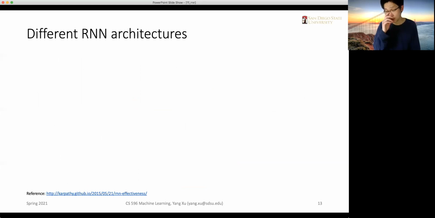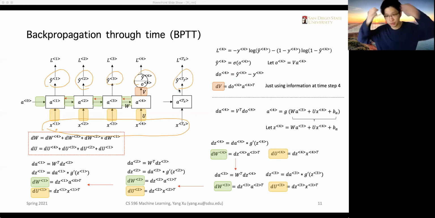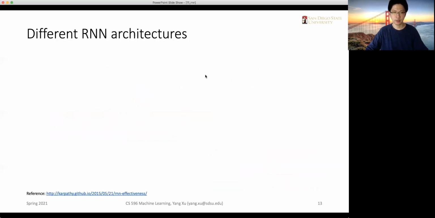The network structure that we have seen here is like for each time step in the input, we will have a corresponding output, right? So it's basically a many-to-many style. We'll see in the next slide that there are actually more different style architectures other than this.